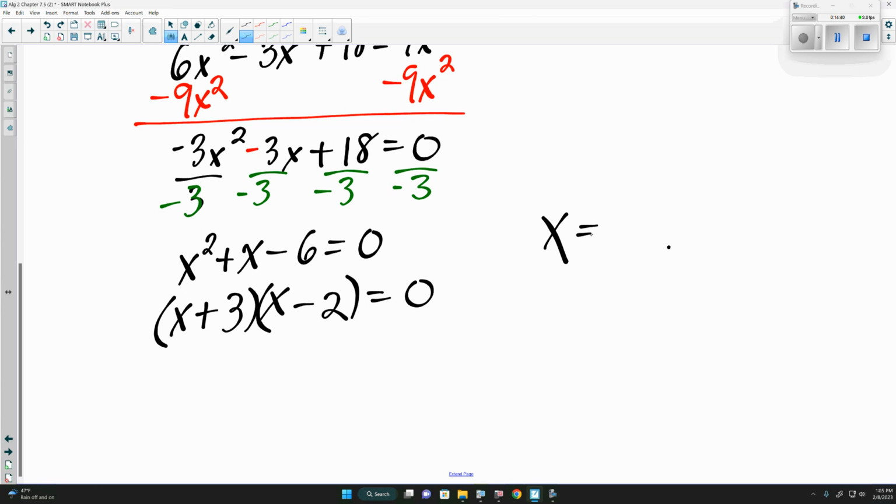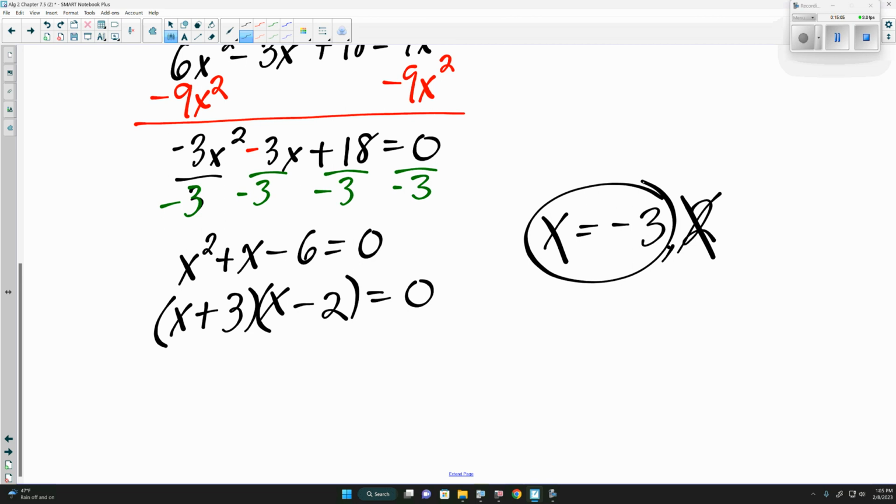Yes, negative 3 and positive 2. Because x plus 3 would need to be negative 3. X minus 2 is positive 2. So that's it. And it can't be 2 because that's one of our restrictions. So x is negative 3. Questions on this here?